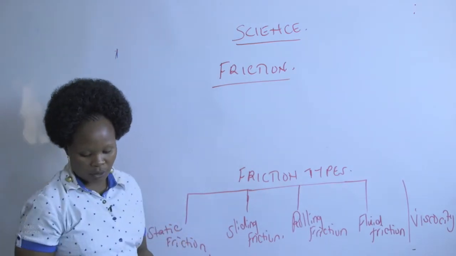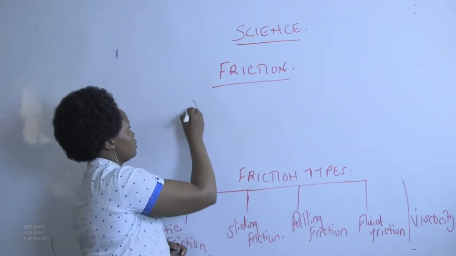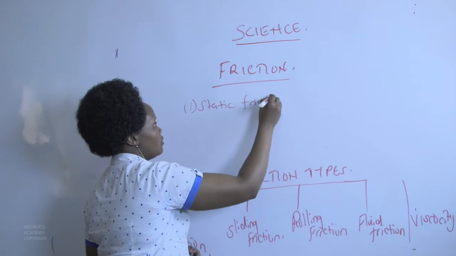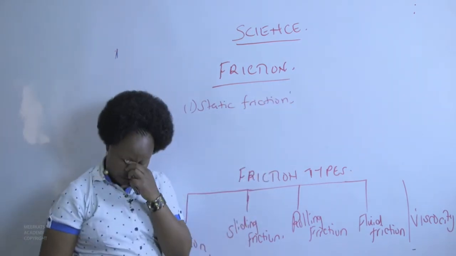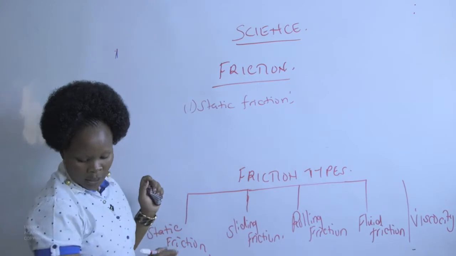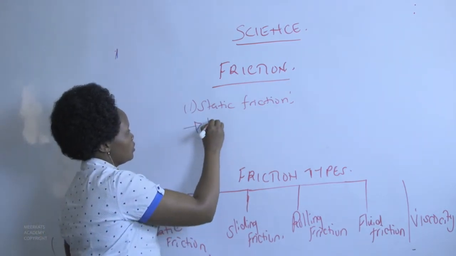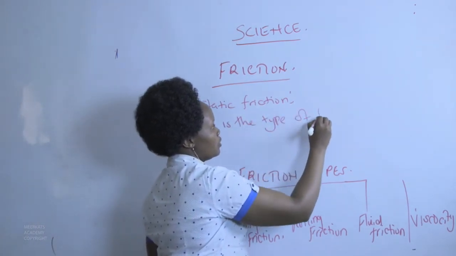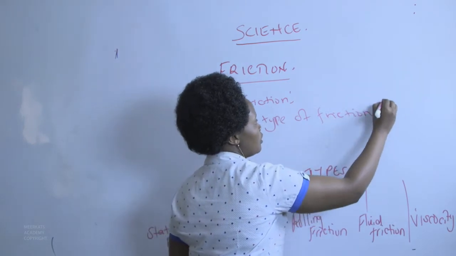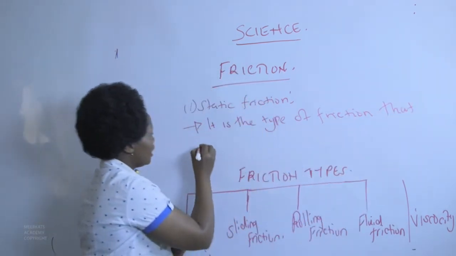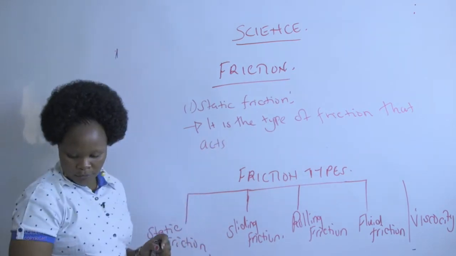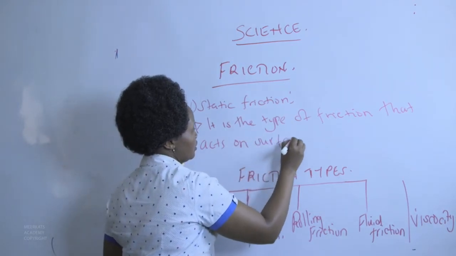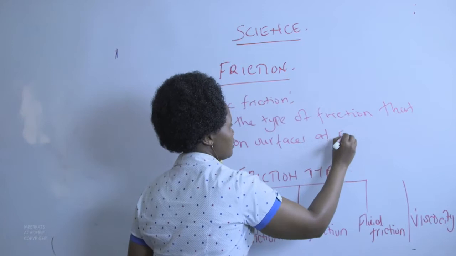We start with what we call the static friction. Static friction is the type of friction that acts on surfaces at rest.